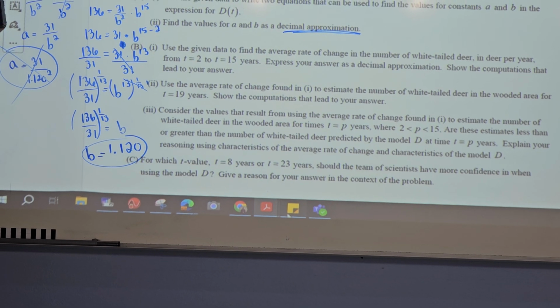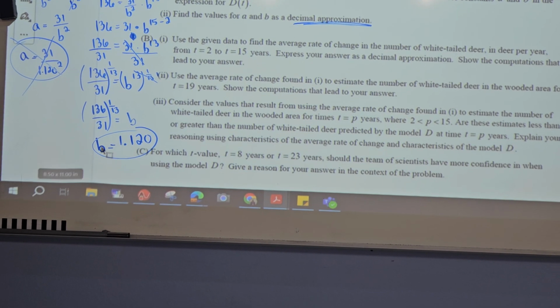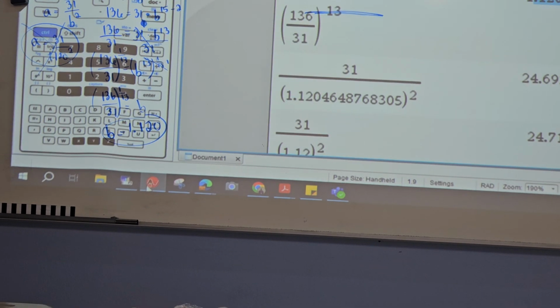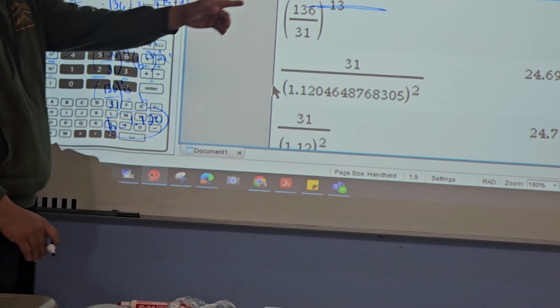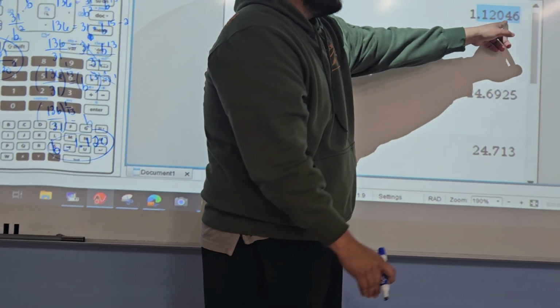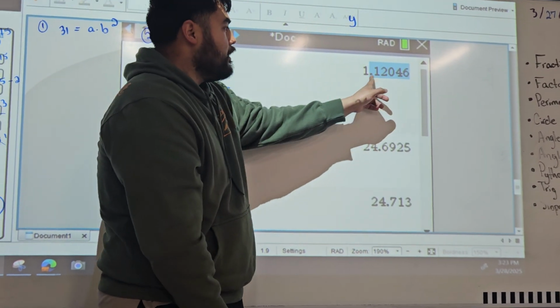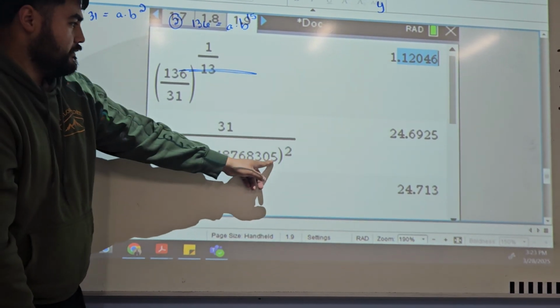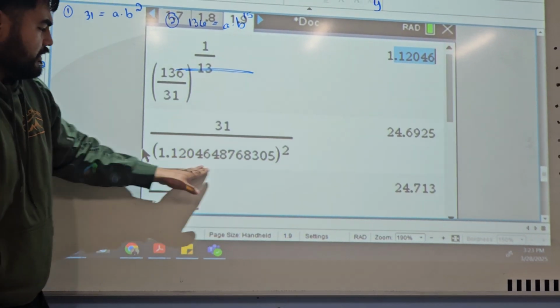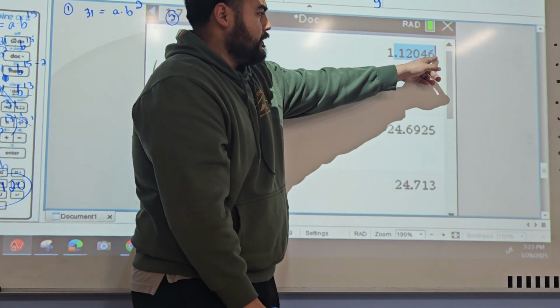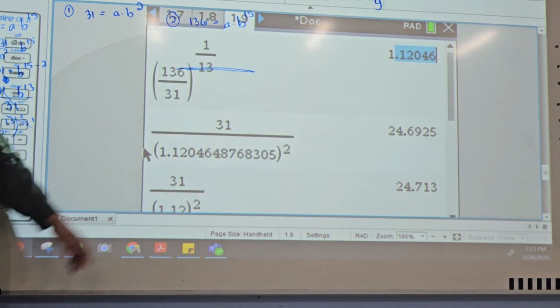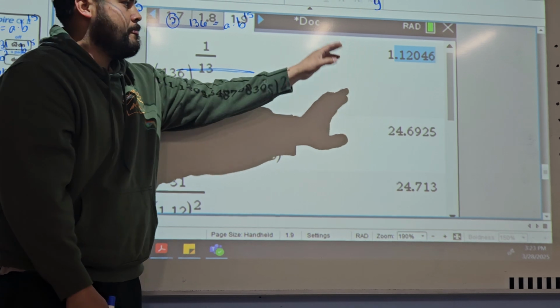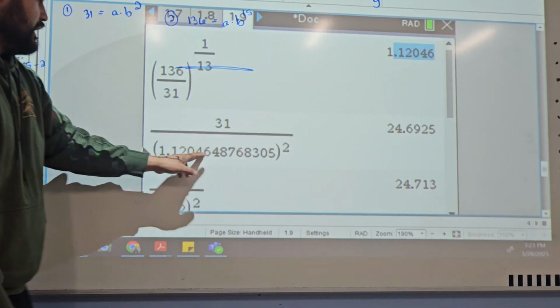So if I go back over here to the calculator, all I did, this section in blue, this number, I copied it and I pasted it here. Notice how it expanded and gave me other numbers that I wasn't able to see here. Take a look at that, right? So do not approximate beforehand over here.